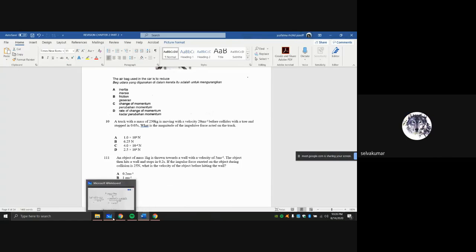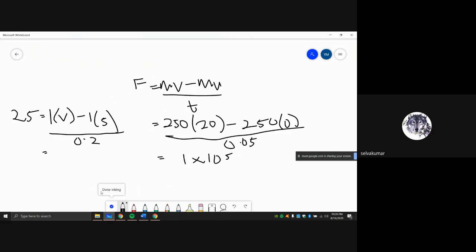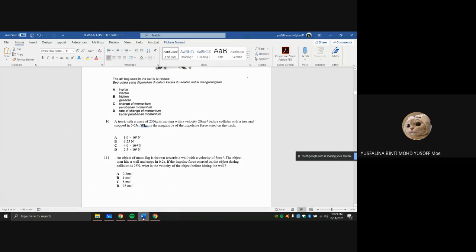Sorry, I think I got 1 as well. I accidentally typed wrongly in the calculator. So this one is 5, isn't it? So V minus 5, right? Then V is minus 5 goes here, becomes 5 plus 5. So it becomes 10. So the answer is 10 ms negative 1. And there's no answer, again.